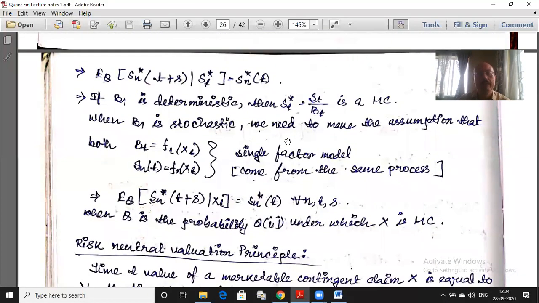So in a similar manner, we can also talk about a transition matrix in terms of the risk neutral probability. So I can restate those same equations and say that these Q probabilities will constitute a matrix, in a similar way, under which our X process will be a Markov chain. So the Markov chain property and time homogeneity give me a nice matrix representation of the risk neutral probability.